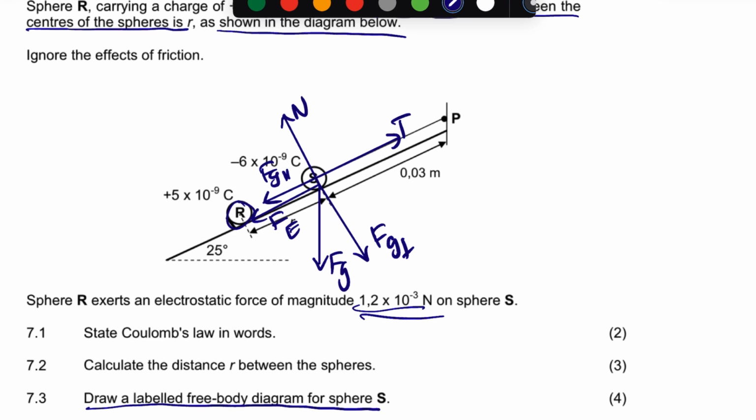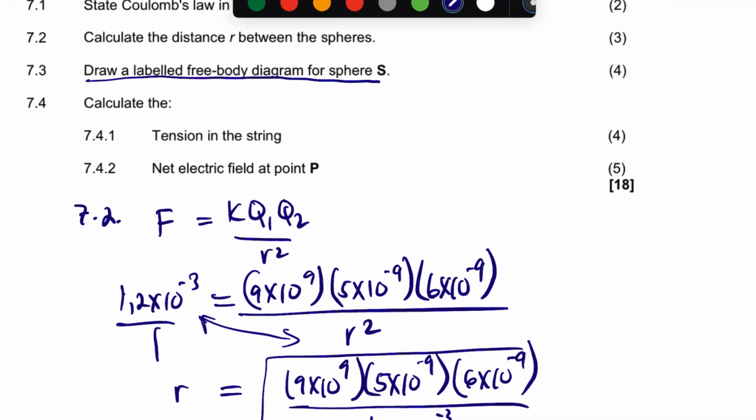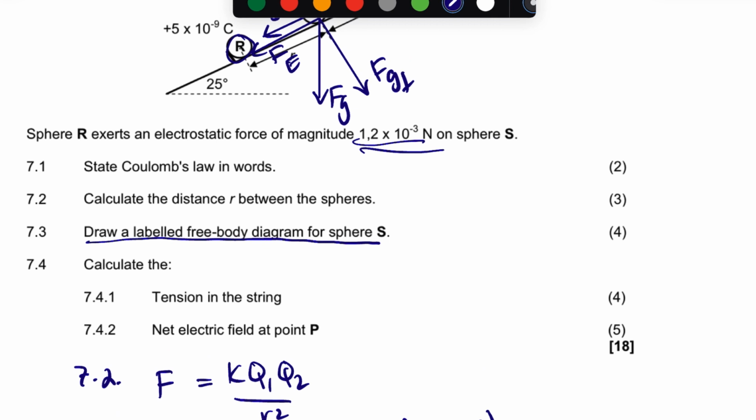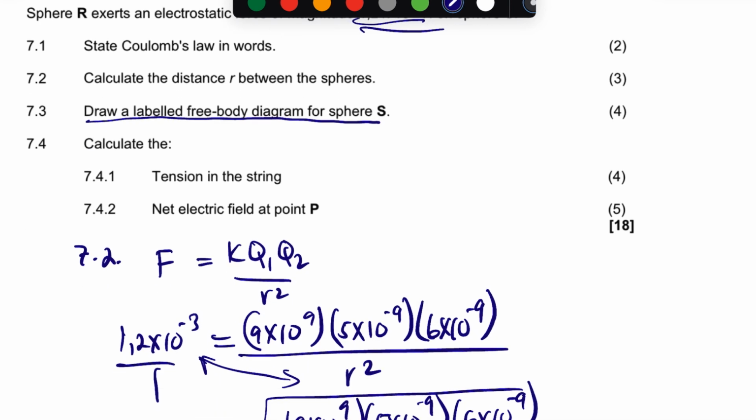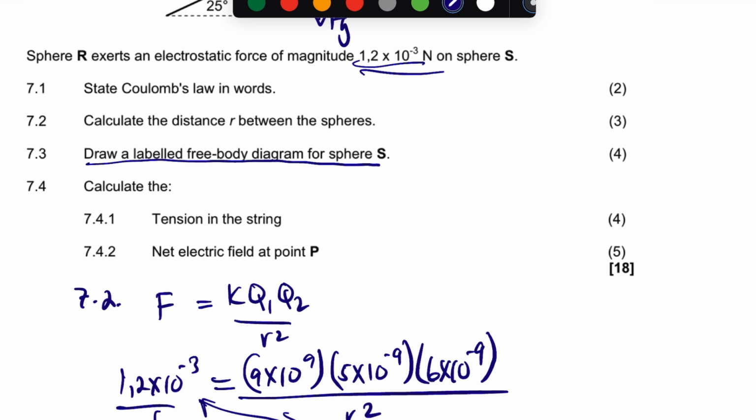But now when it comes to the free body diagram, guys, you need to be careful. According to the diagnostic report of last year, which is 2023, the free body diagram must exclude the components. There mustn't be components there. So let me draw the free body diagram 7.3.